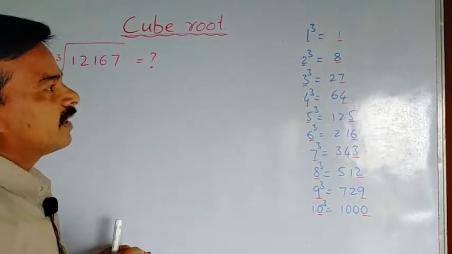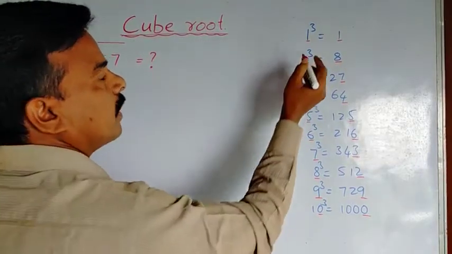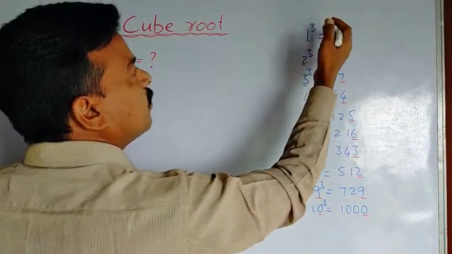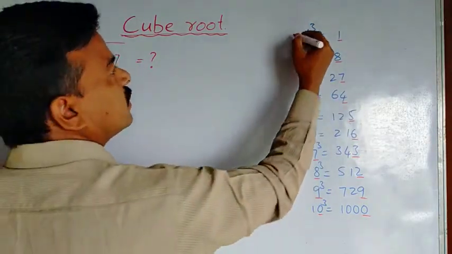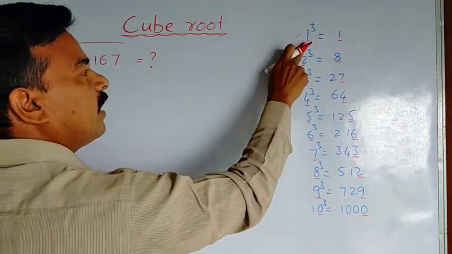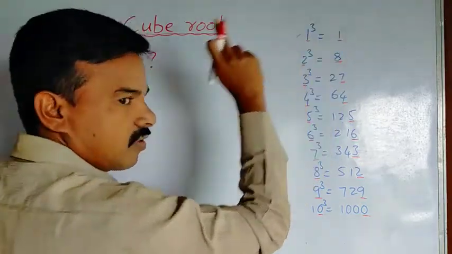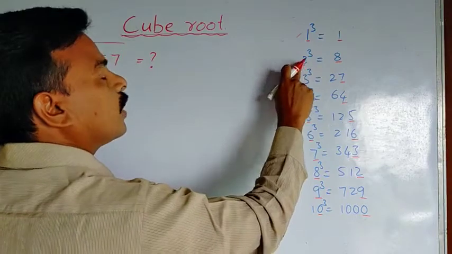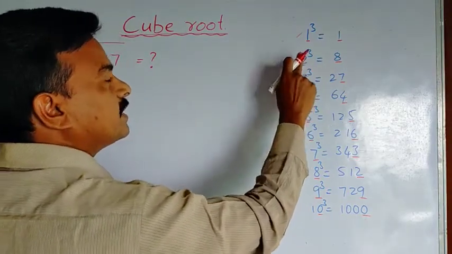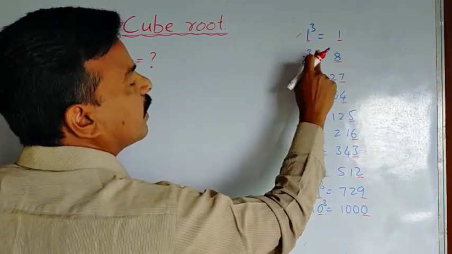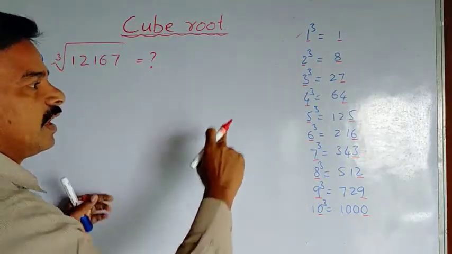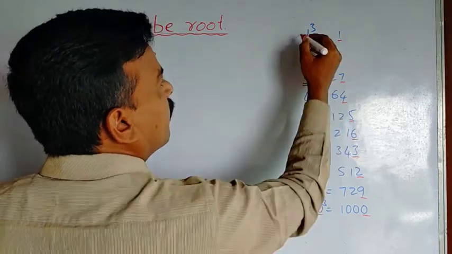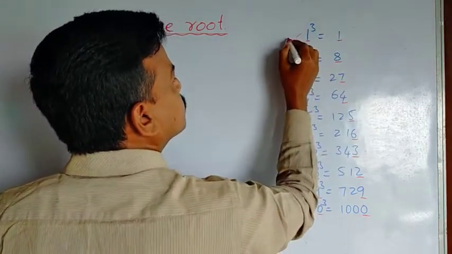So here we can observe that if a number ends with 1, its cube also ends with 1. This is one thing. Next, a number ends with 2, then its cube ends with 8. Like that, so on we can learn this. And here you see 1 ends with 1 only.